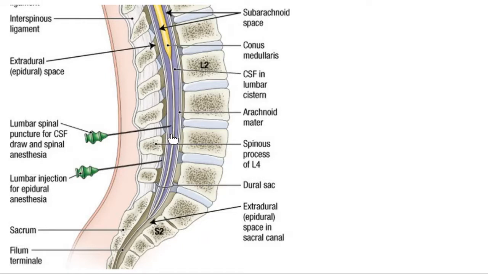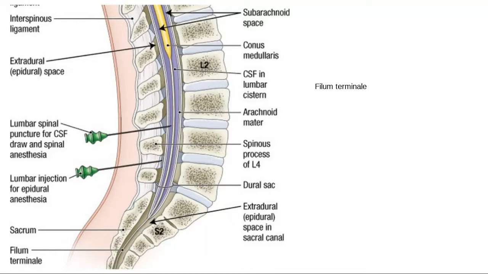Now notice on our picture here, and this is something that was noted in the guided lesson for you, that the spinal cord in the middle of this fluid-filled sac doesn't go all the way to the end of the spinal column. What we're seeing on this picture is something called the filum terminale.